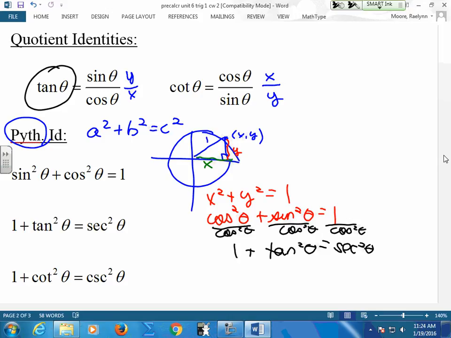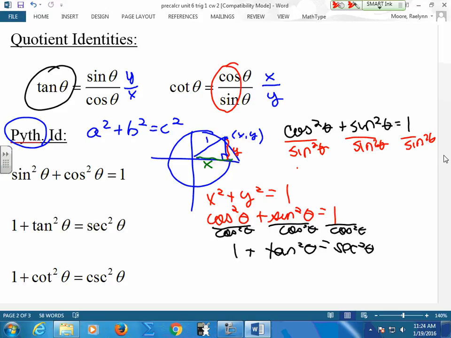What's left here? What's the other word? Sine. So if I took your Pythagorean identity, and I divide everybody by sine squared. This gives me cosine over sine. Oh, there's my cotangent.